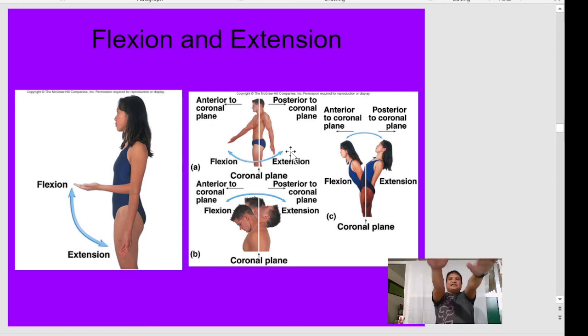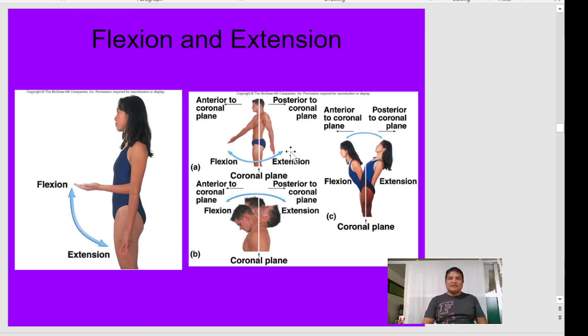Arms forward, that is flexion. Especially if you raise that. Then if you are going to move your hands or your forearm to the back, that is extension. When you bend forward, that is flexion. When you bend backward, that is extension.